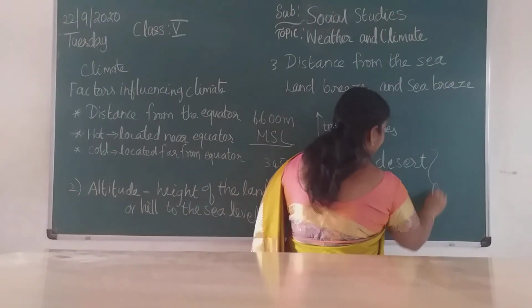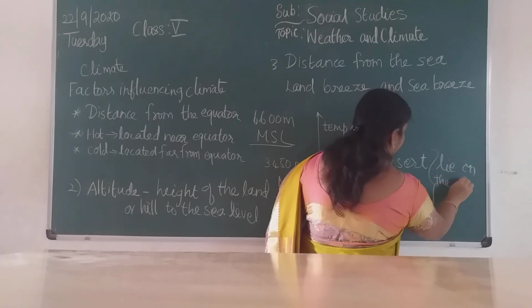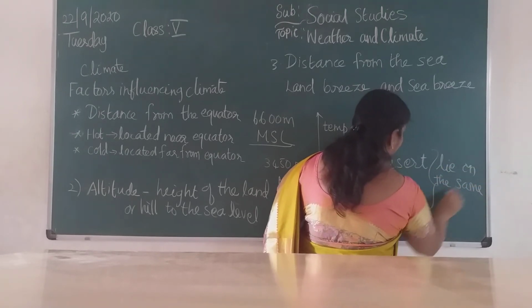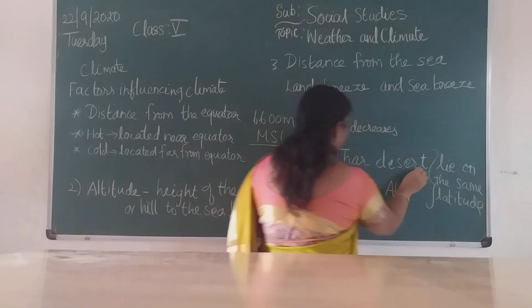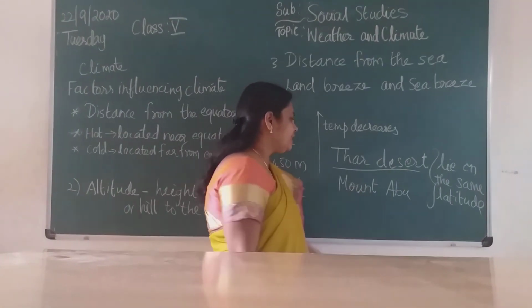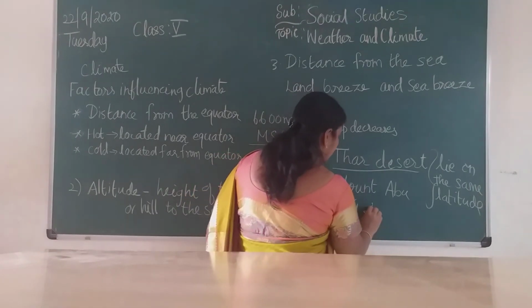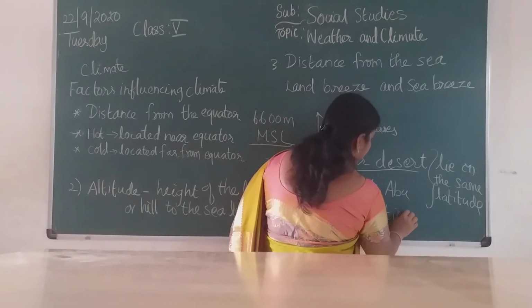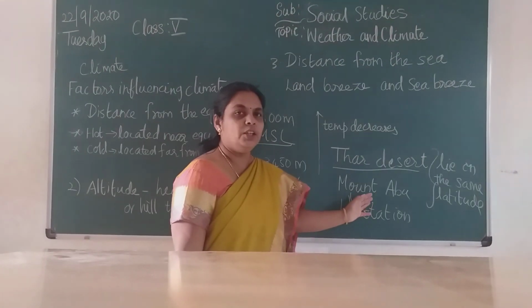They lie on the same latitude, but the height is different. That's why the Thar desert is very sandy. Mount Abu is a hill station. So you get different climates, children. So Thar desert will be very hot, whereas Mount Abu will be cold.